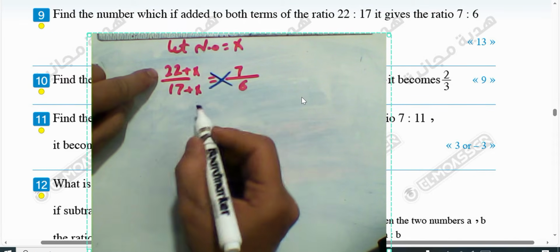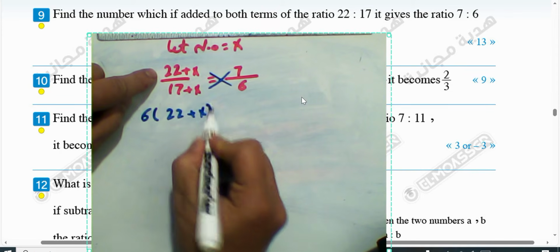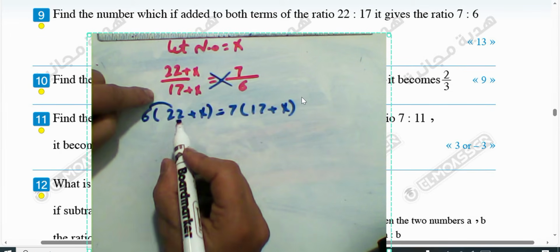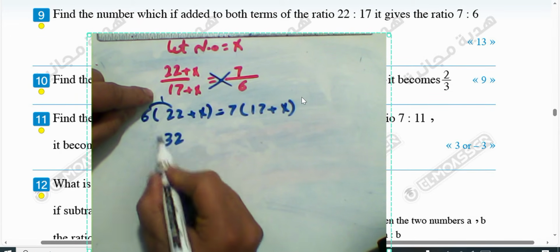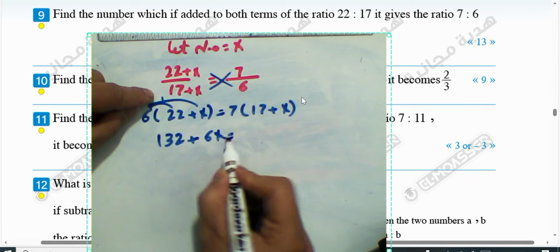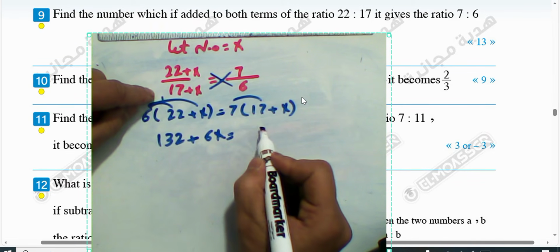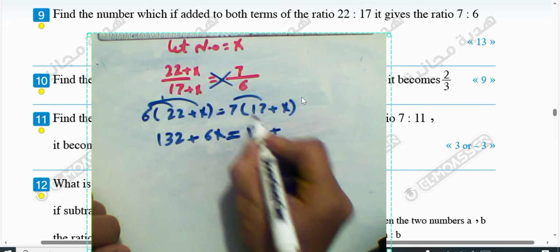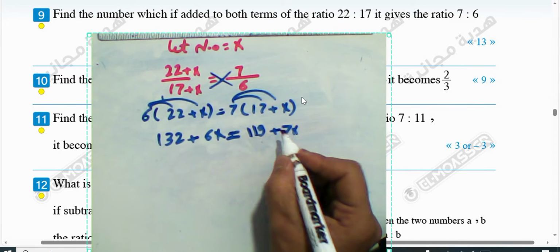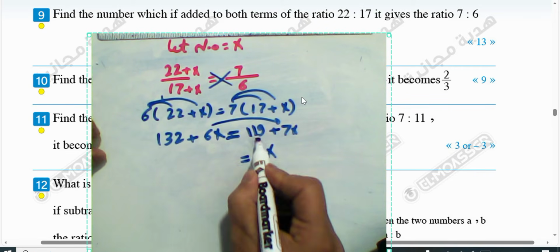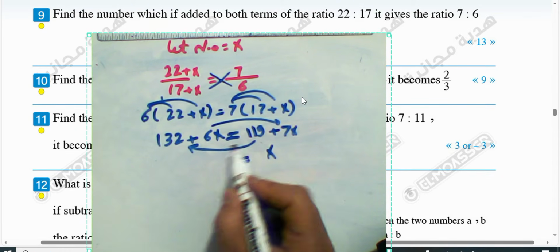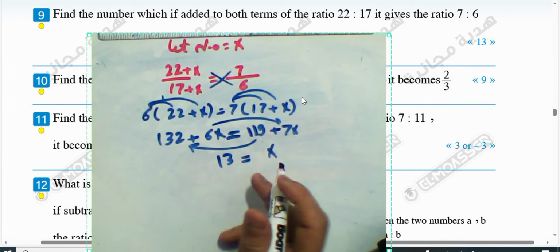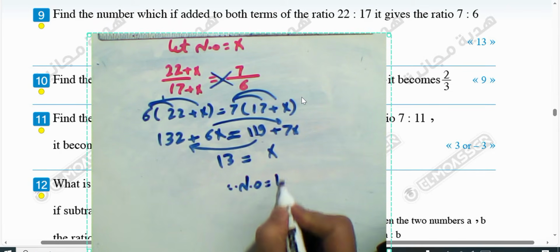Like here, 6 times (22 plus x) is equivalent to 7 times (17 plus x), using the distributive property. 6 times 22: 2 times 6 is 12, write 2 and carry 1; 2 times 6 is 12 plus 1 is 13, and 6 times x equals 6x. 7 times 17: 7 times 7 is 49, write 9 and carry 4; 1 times 7 is 7 plus 4 is 11. 7 times x equals 7x. 6x subtract 7x equals negative x, and 132 minus 119: 12 minus 9 is 3, and 2 minus 1 equals 1. Then the number here will be equal to 13.